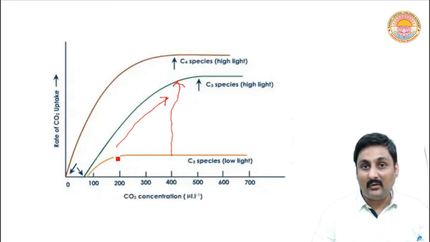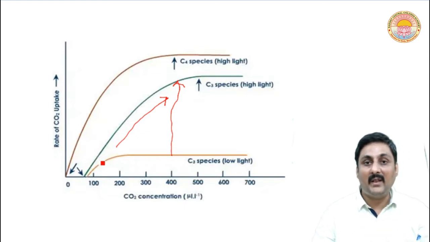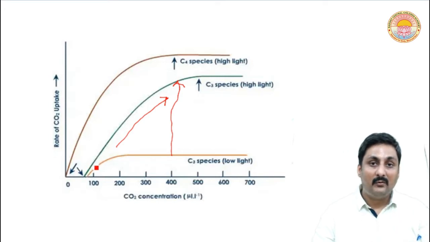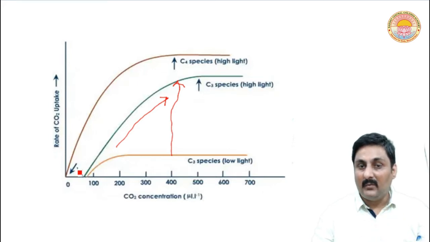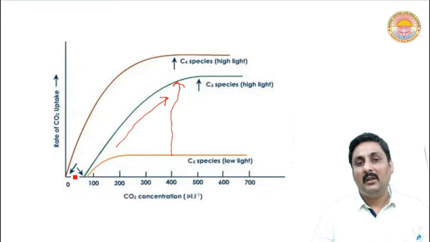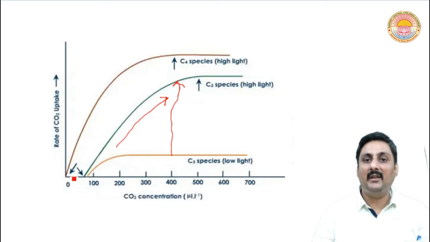It is not so in C3 plants, because oxygen is present there and it combines with rubisco enzyme, and if the carbon dioxide increases, then rubisco will combine with carbon dioxide. So rate of photosynthesis in C3 plants can be increased if carbon dioxide level is increased, not in case of C4 plants. Whatever carbon dioxide they are getting inside the bundle sheath cells, carbon dioxide concentration is rarely a limiting factor in case of C4 plants.